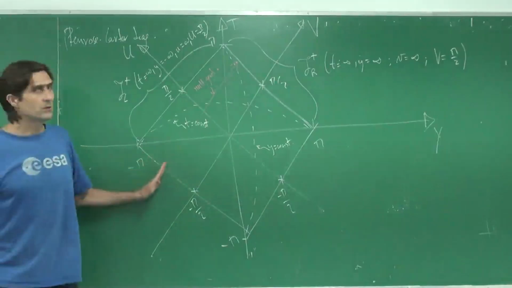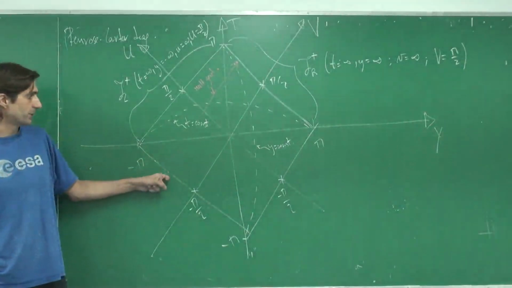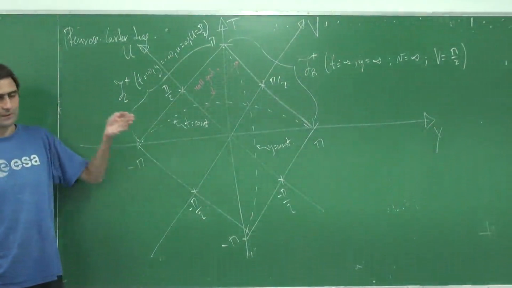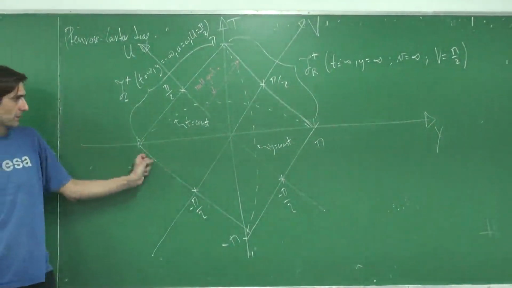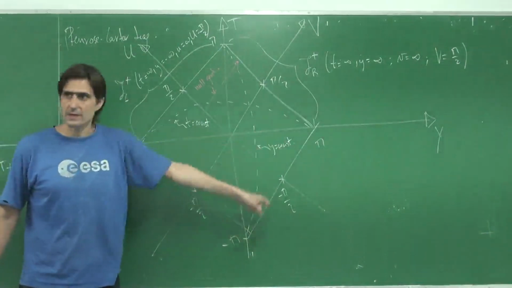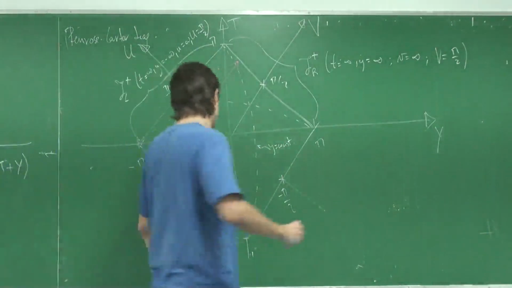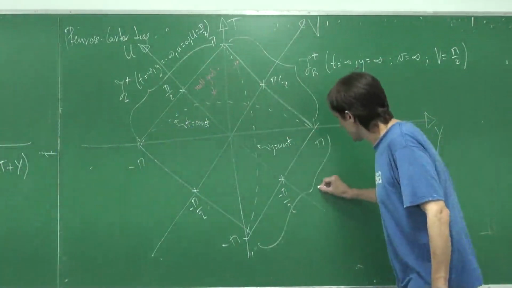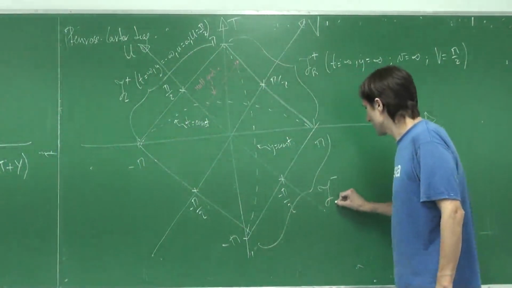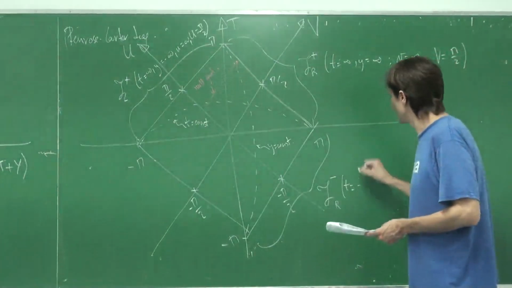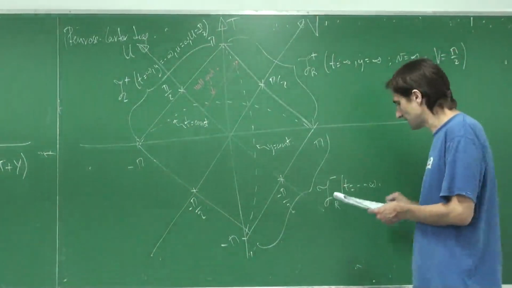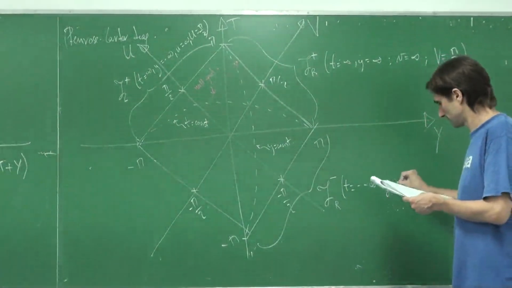Similarly, all null geodesics must originate, if you extend the geodesics, on either this side of the diamond or this side. So this is called scri minus right. And it's the same thing with T equals minus infinity instead of plus infinity.